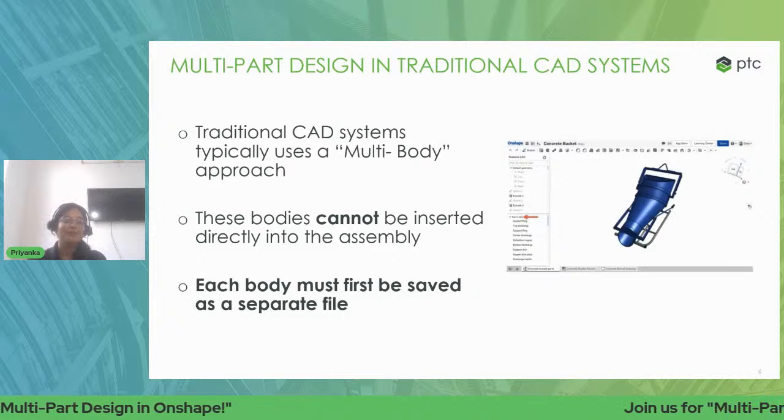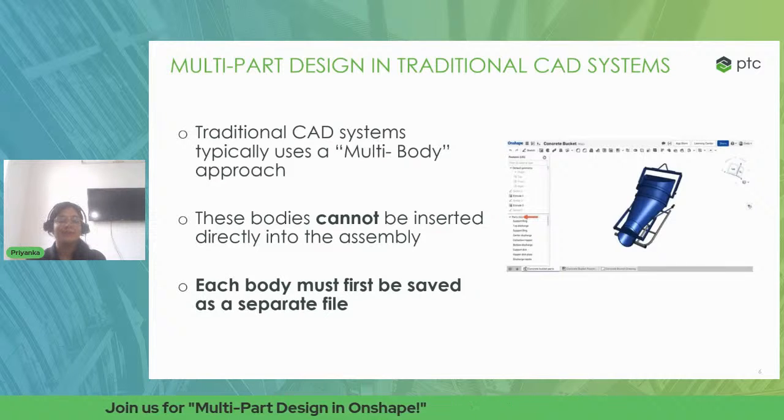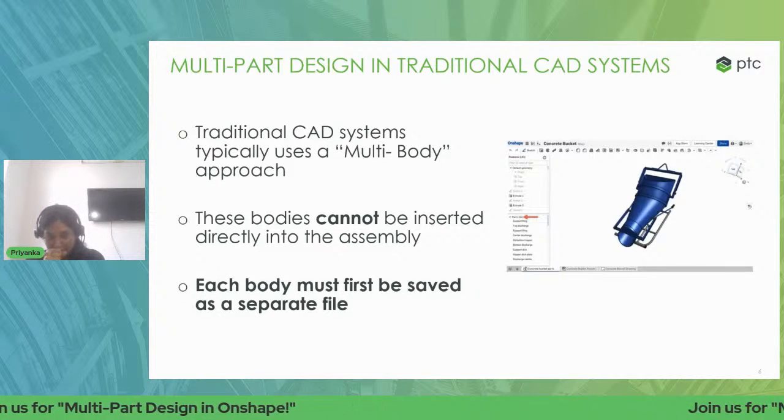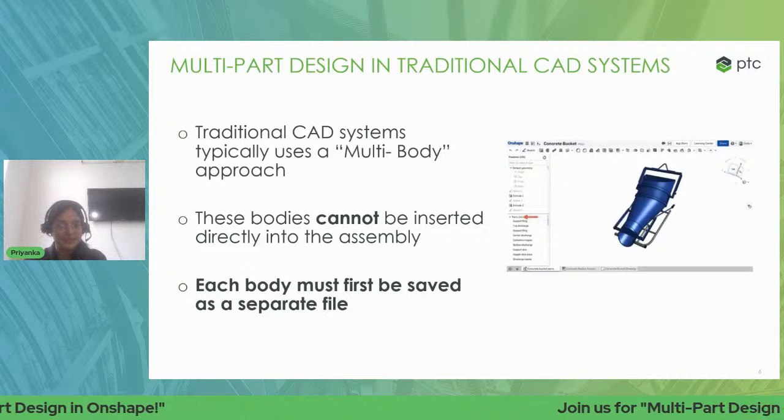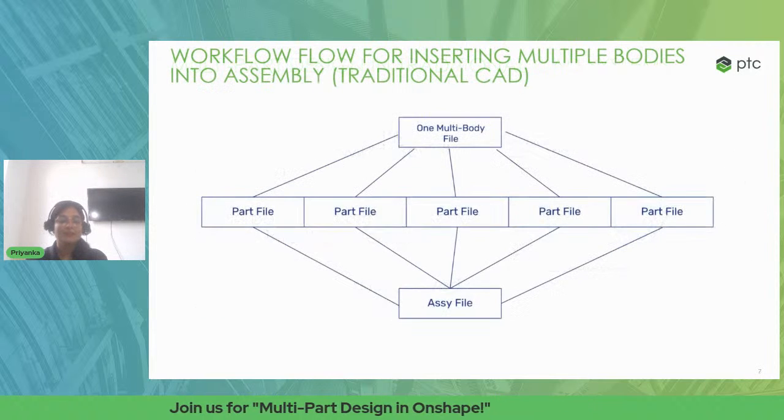So essentially, that single multi-body has to be split up into multiple part files just to get them inserted in an assembly, which may lead to confusion and create lots of files. So it's a tedious workflow that we usually discuss.